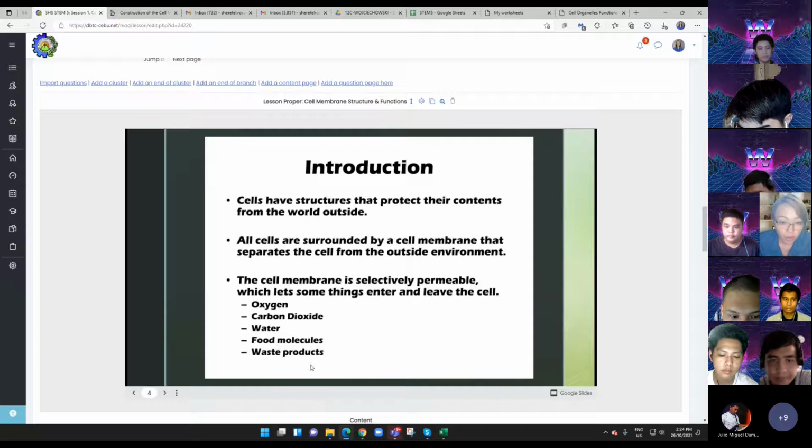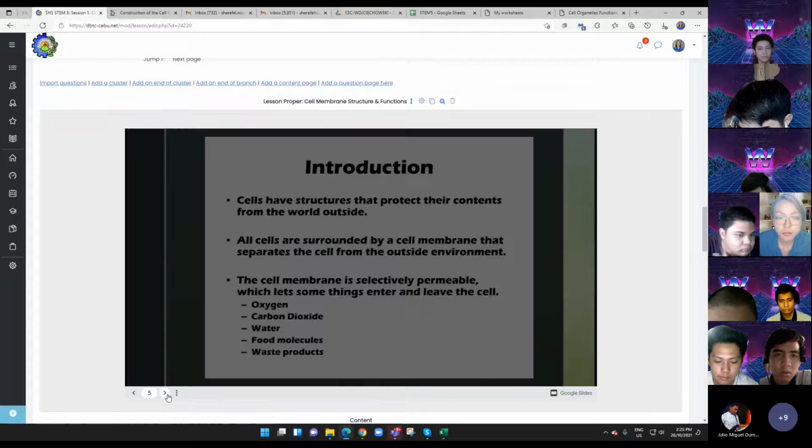Next, water. How the cell membrane allows the water to go in. And the food molecules are big, no? Big molecules. Example, the glucose, the ions, no? Those are large molecules. And what is the mechanism of going in and out the cell membrane?